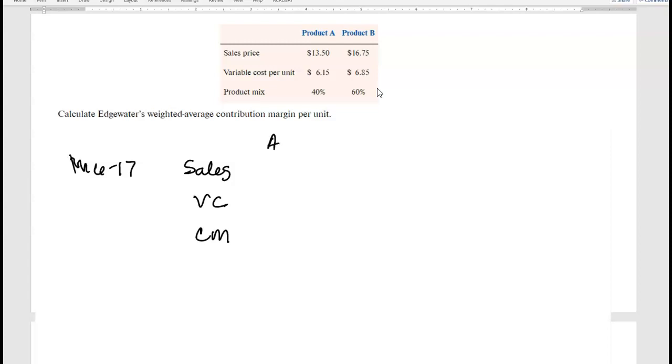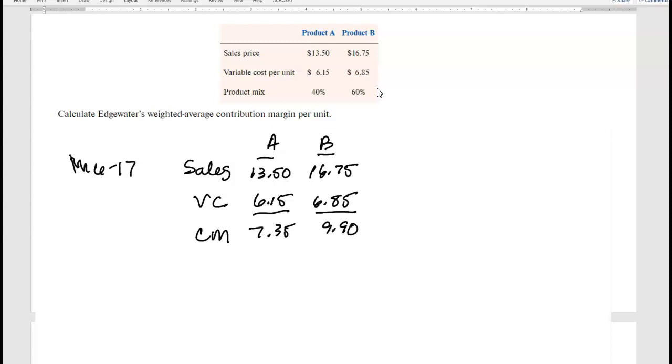And we're going to do this for product A and for product B. Product A, $13.50 with variable cost of $6.15 gives us a contribution margin of $7.35. B, $16.75, $6.85, and $9.90. So $13.50 minus $6.15 equals $7.35. $16.75 minus $6.85 equals $9.90.